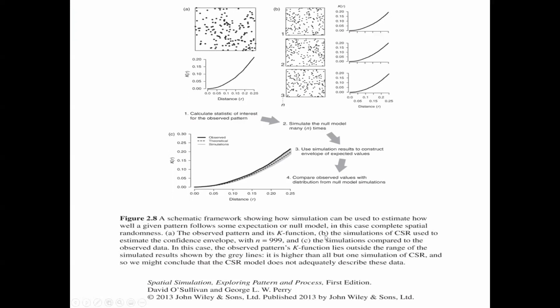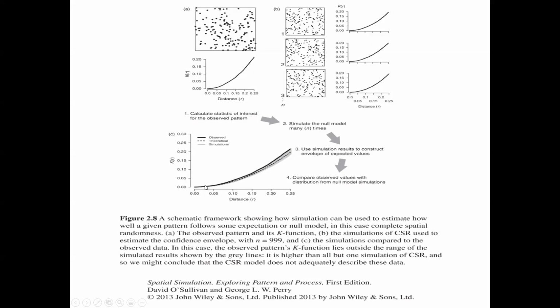If the text says it lies outside, we'll just accept that, because it's a conclusion from the text. So here we can say that the observed pattern is deviating far away from what? From second order structure. This is not CSR, because we're using the K function, which addresses second order pattern.